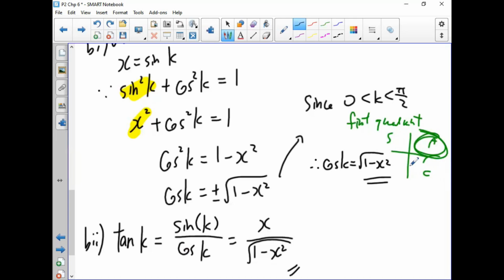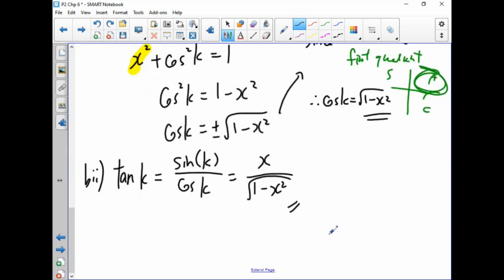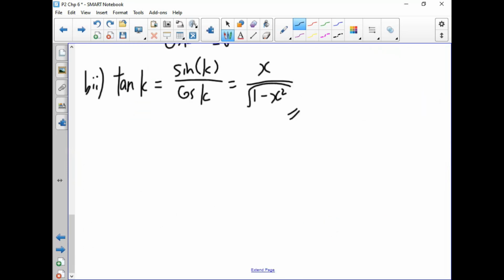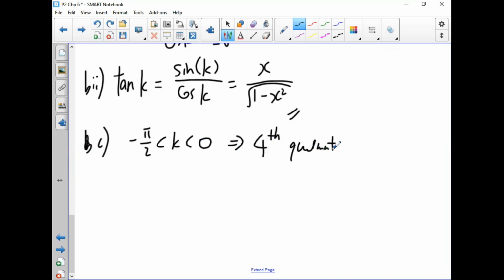In the fourth quadrant, only cos is positive. So cos will stay positive, but tan will become negative. You can draw a little class diagram for yourself. That means we're here, so cos k remains positive.